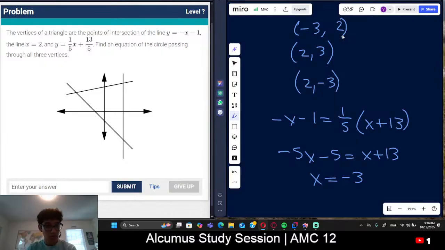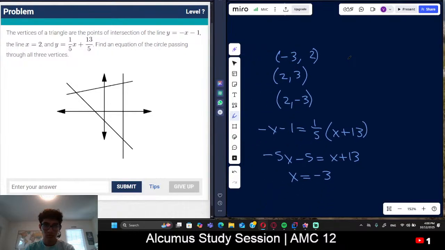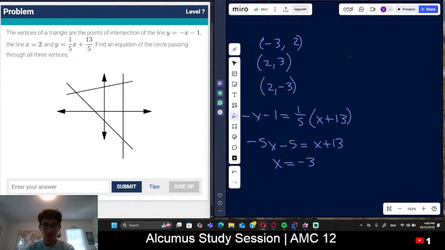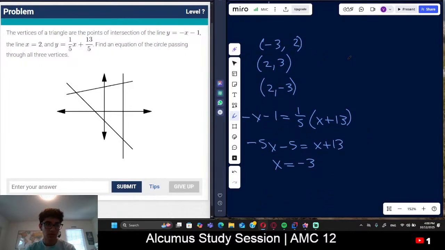How can we now figure out something about these points? I mean, I guess we can do x minus h squared plus y minus k squared equals r squared.